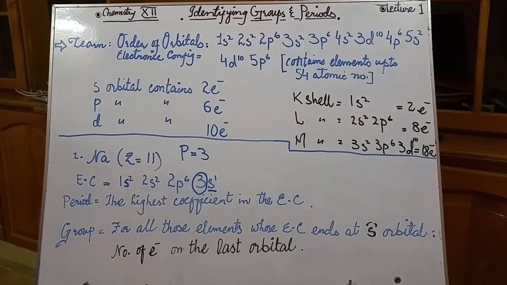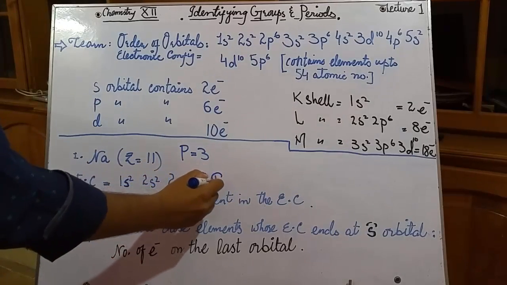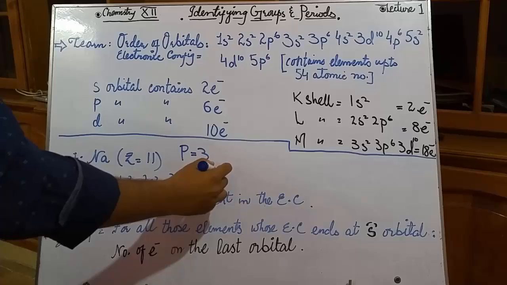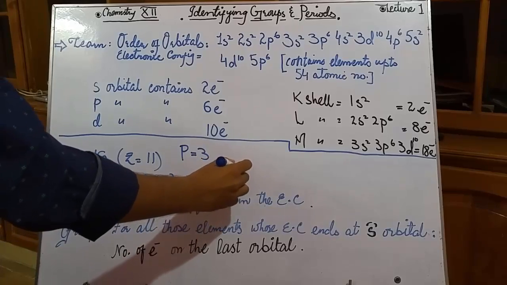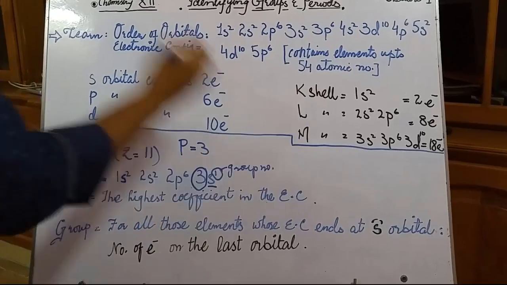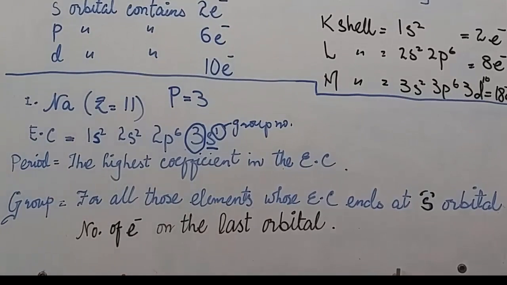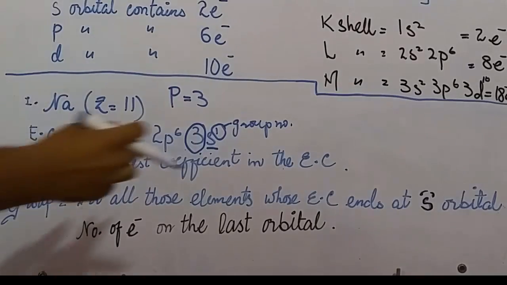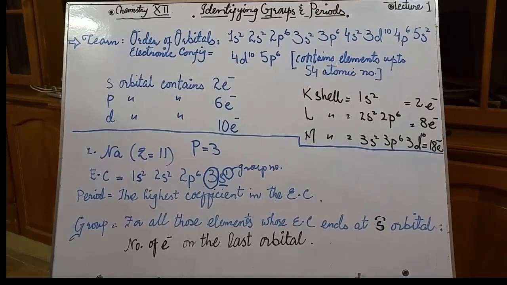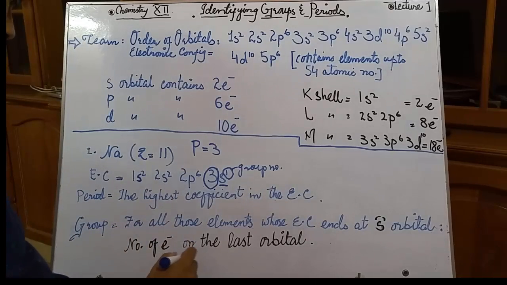So it is easy, just note the number of electrons on the s orbital. Here we have 1, and this is our group number. It's that easy. If your element ends at the s orbital, just note down the number of electrons written above the s orbital. That will be your group number. So for group we can write G is equal to 1.